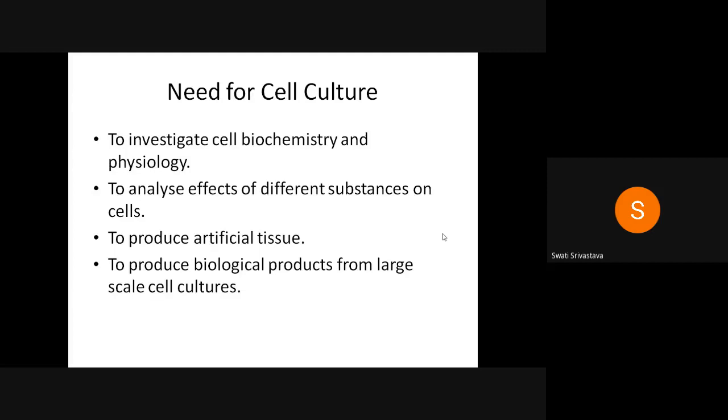So to keep away those antigenic responses, you need biological products that will have no problems when we put them into the human system or another required system. So those enzymes, proteins, hormones, all those biological products can be produced on a large scale when we use these cell cultures in large scale cell culture units.